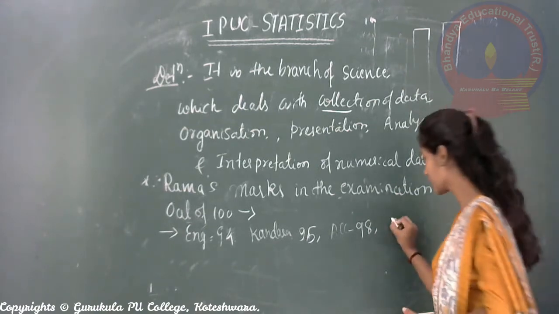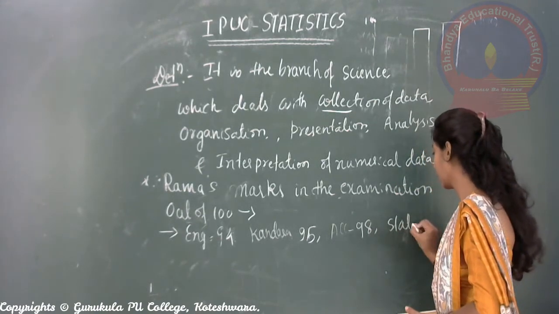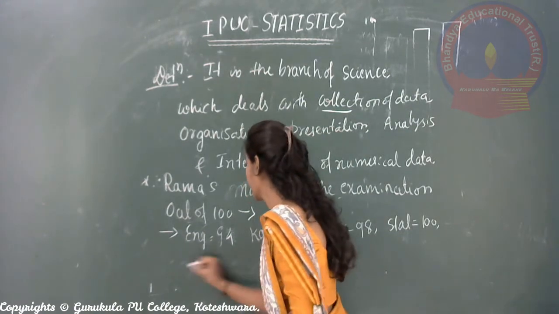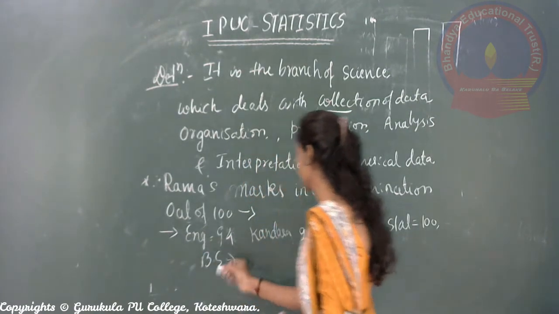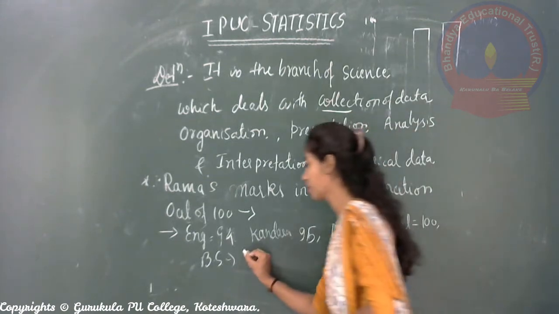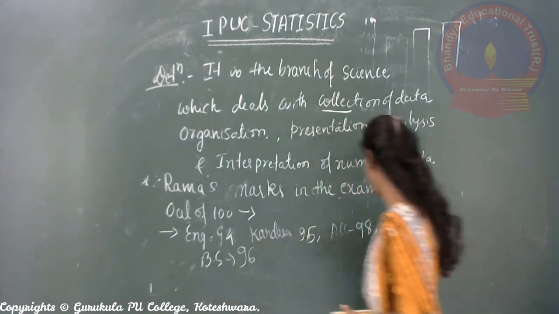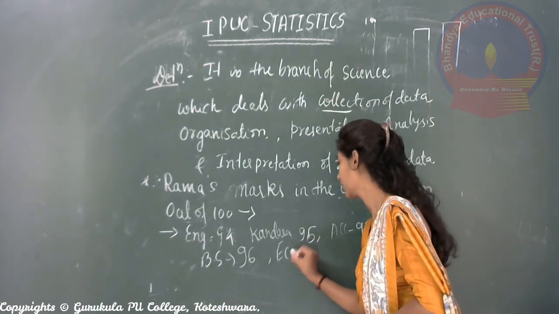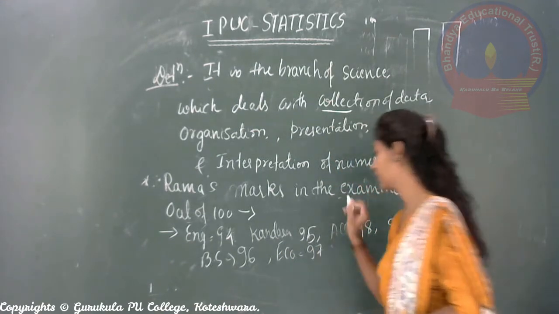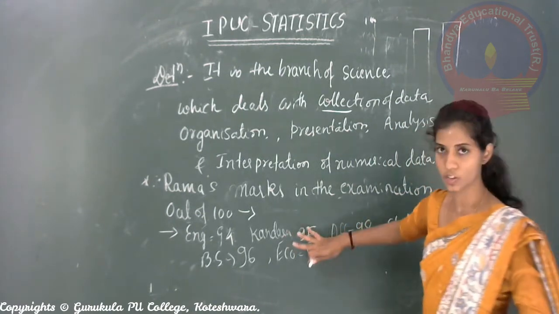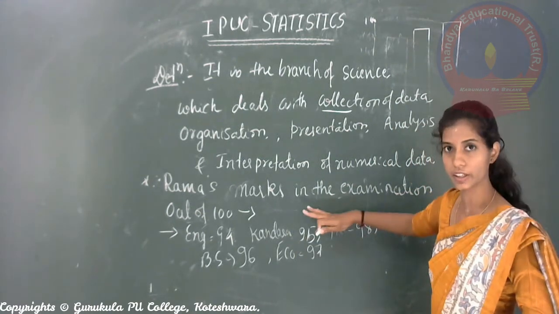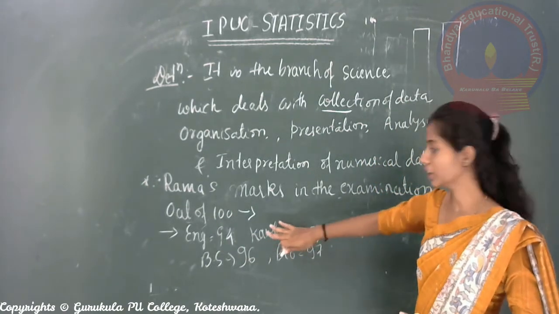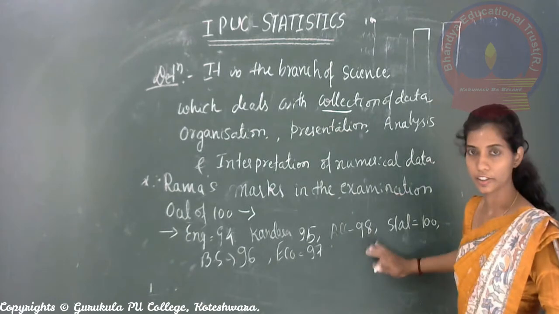In statistics he may have got 100, and in business studies he may have got some marks, 90, it may be 96, and in economics he may have got 97. Let us assume, when I ask, these are the marks he will give. ಅವನು ಈ ತರ ಮಾರ್ಕ್ಸ್ ಎಷ್ಟು ಬಂದಿದೆ ಅಂತ ನನಗೆ ಡೀಟೇಲ್ಸ್ ಕೊಡ್ತಾನೆ.